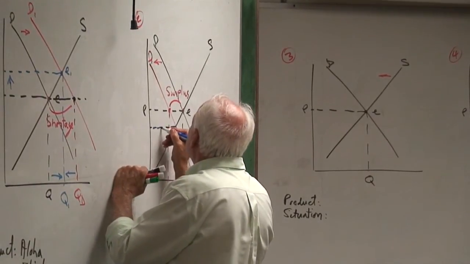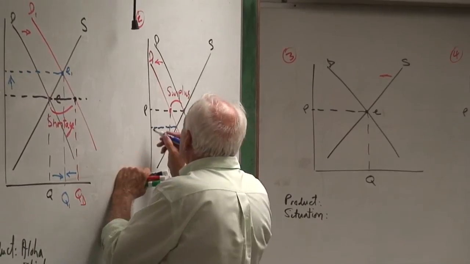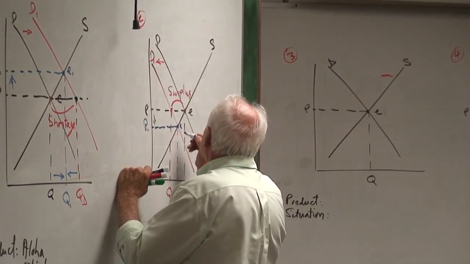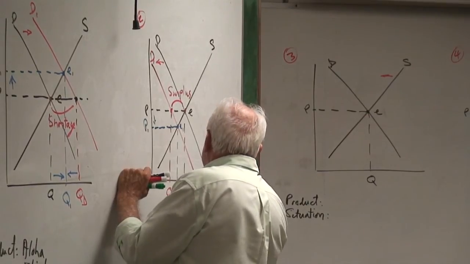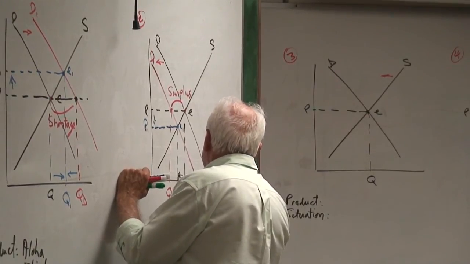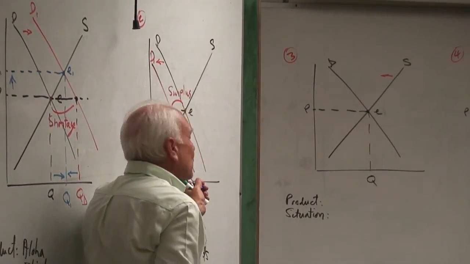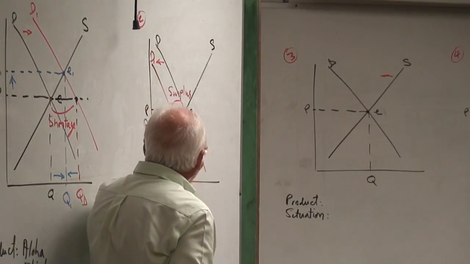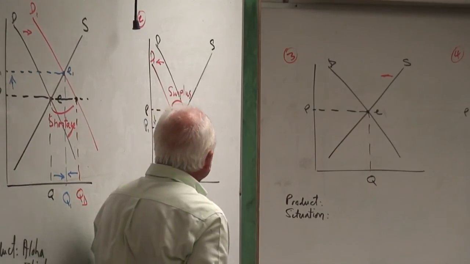You know, the color coding here is kind of important to me. You don't have to use it, but if you do use it on your exam, that's always sweet. In which case, fewer are going to be consumed, produced, and purchased, and at a lower price.